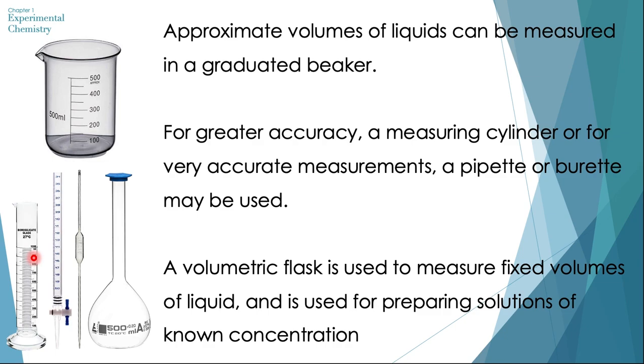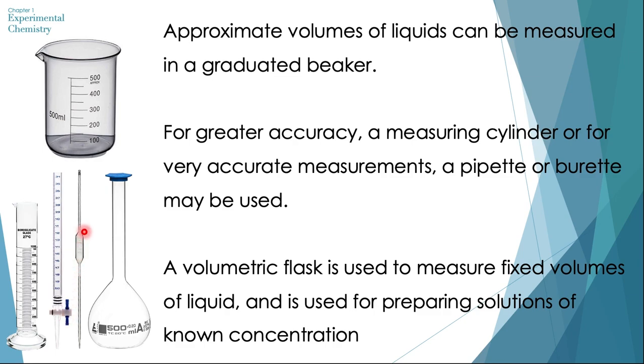This is the accuracy of the measuring cylinder. A burette, like this, is accurate to the nearest 0.1 centimeter cube. And so that suggests that it is even more accurate than the measuring cylinder. So the volume of liquid required is run off from the bottom through this tap. So remember, the accuracy of burette is to the nearest 0.1 centimeter cube.